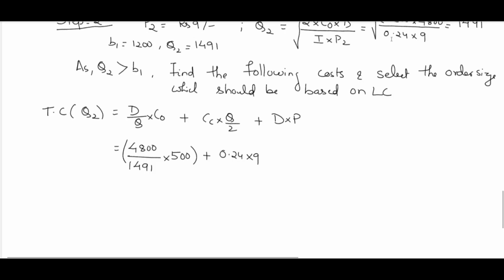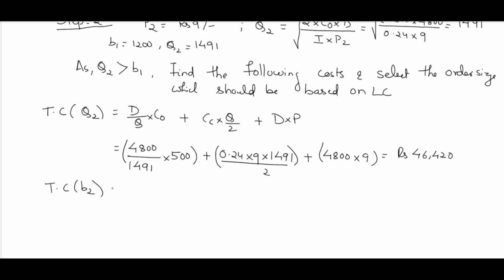Carrying cost is I into P2, that is 0.24 into 9, into Q, which is 1491 divided by 2, plus D, demand 4800, into purchase price 9. So overall if you do it, you will get around 46420.